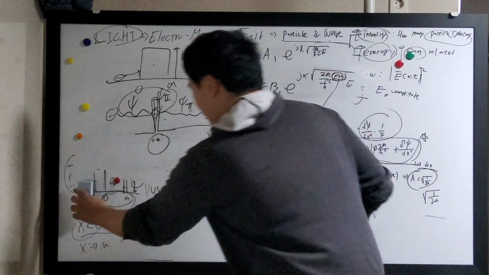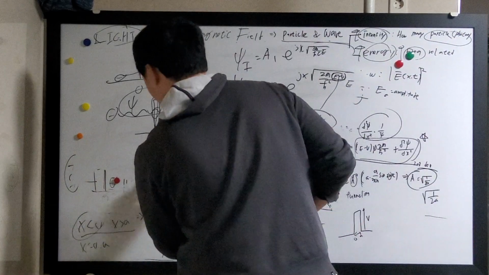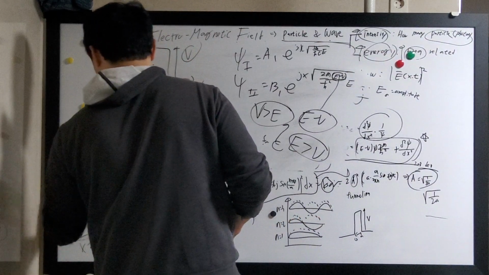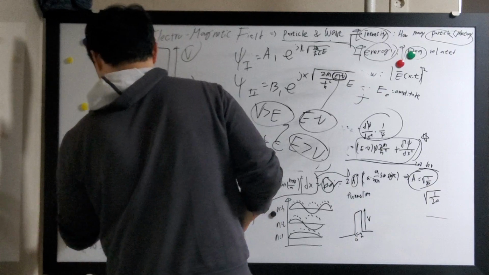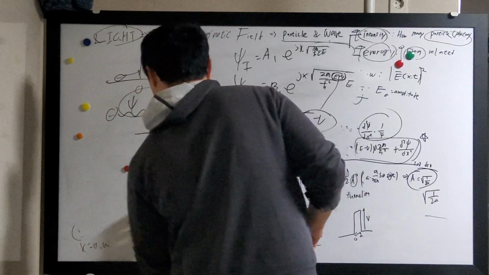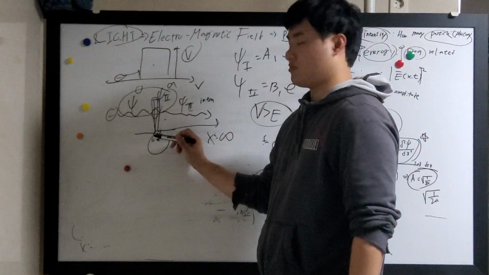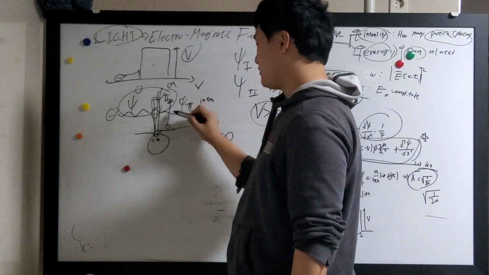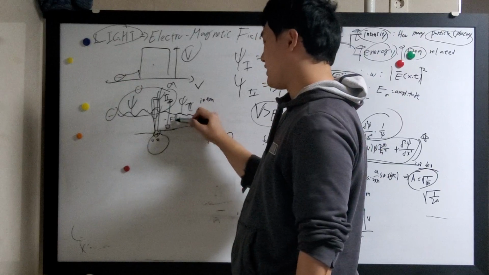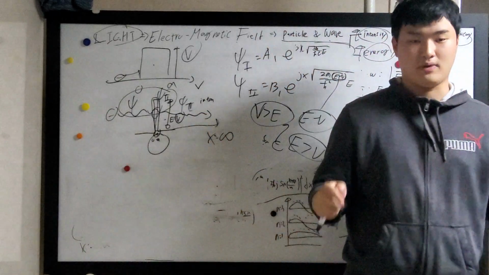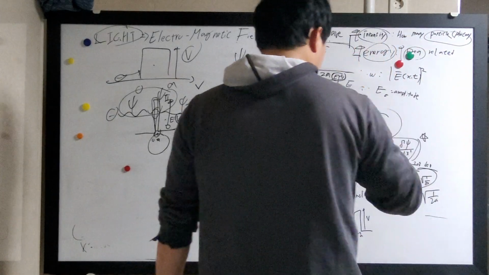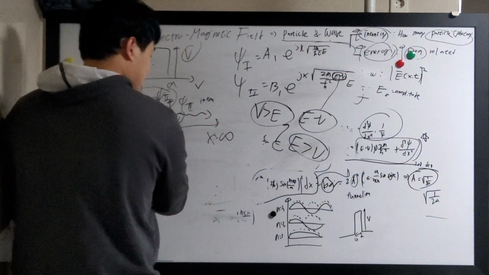How much the electron can pass the shallow wall is determined first by the thickness of the wall, and second by the potential energy of the wall. So the transmission coefficient can be stated.